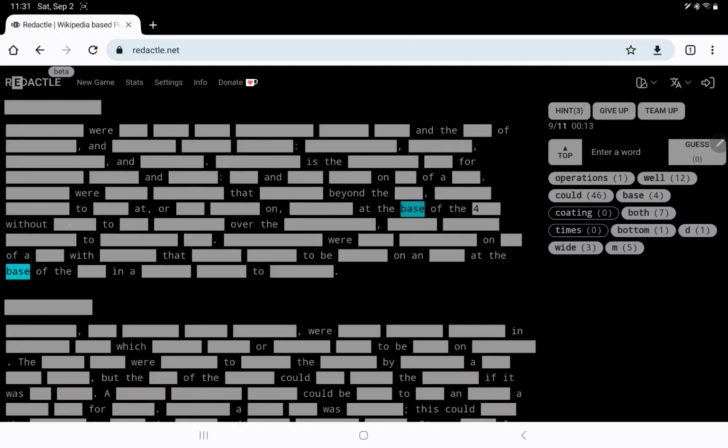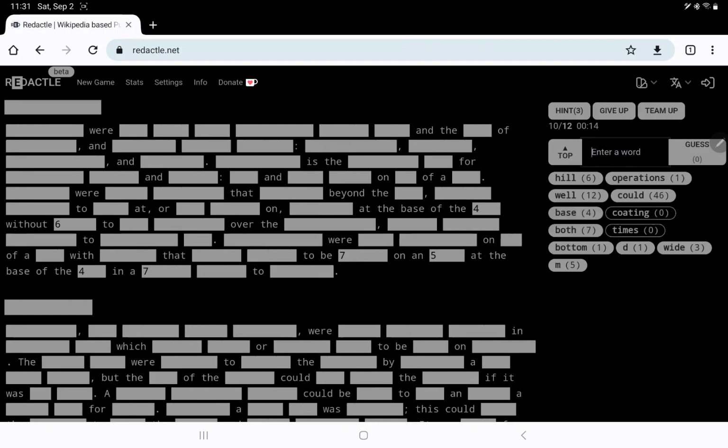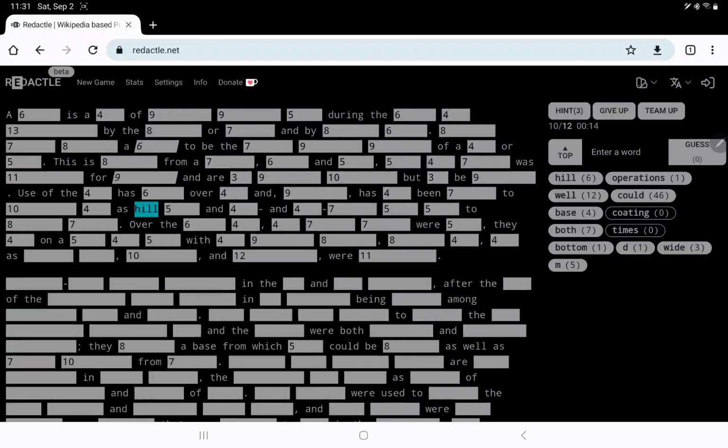At the base of the 4 on and 5 at the base of the, well, now I'm thinking base of the hill. There are 6 hills.